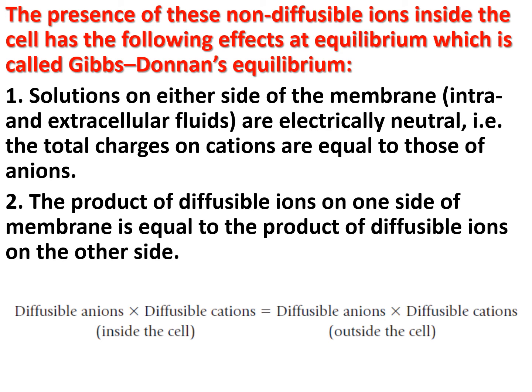The second effect is that the product of the diffusible ions on one side of the membrane is equal to the product of the diffusible ions on the other side. So the diffusible cations multiplied by diffusible anions inside the cell is equal to the diffusible anions multiplied by diffusible cations outside the cell.